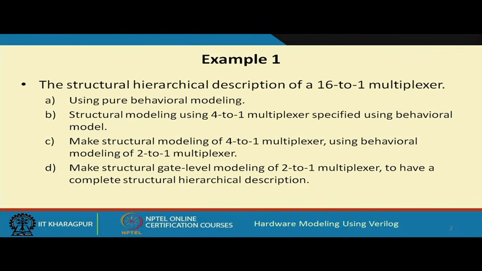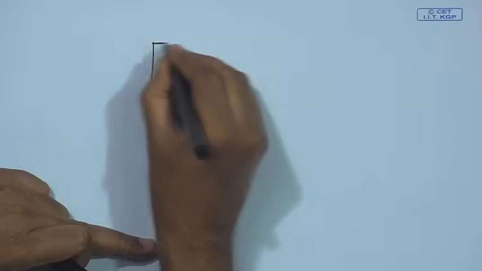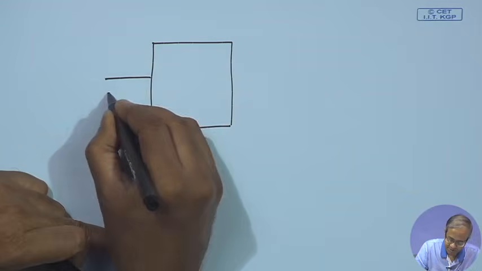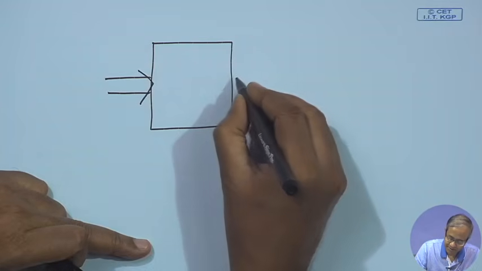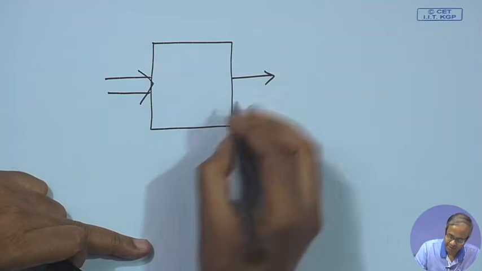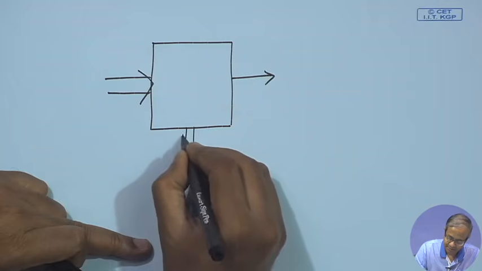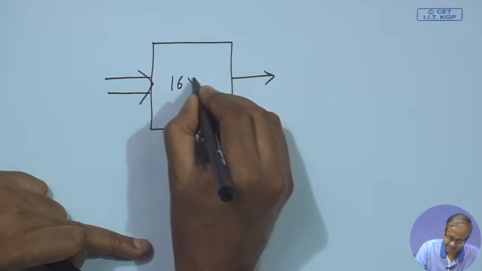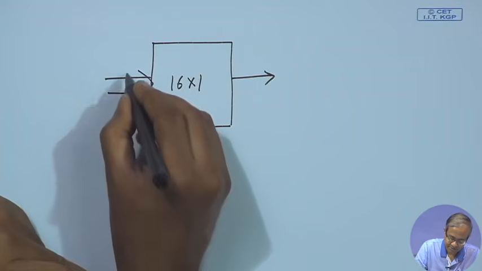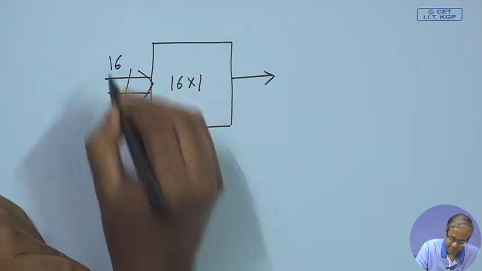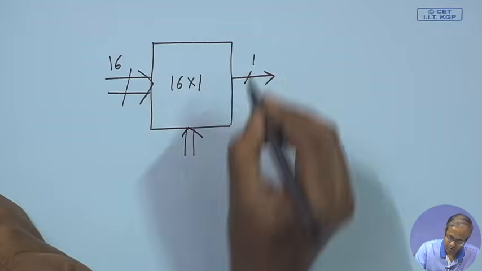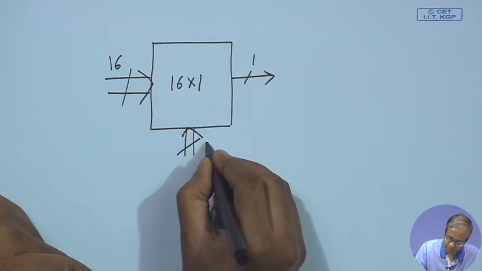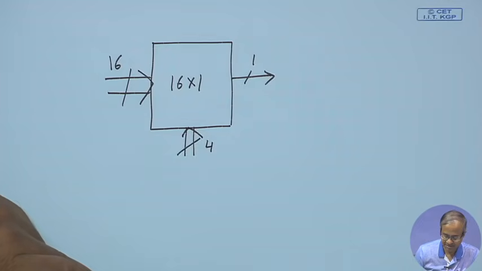So, a multiplexer has a number of input lines, a single output line and a number of select lines. So, when I say a 16:1 multiplexer, there will be 16 input lines, one output line, and to select one of the input lines there will be 4 select lines.